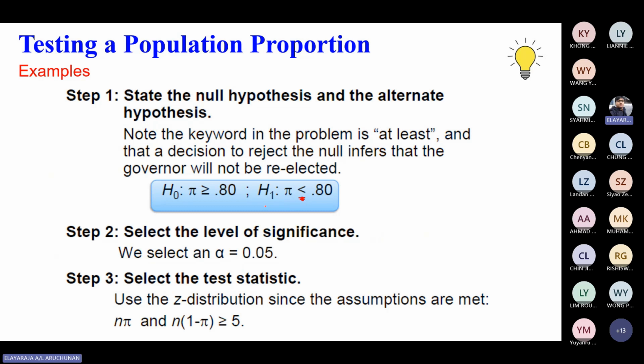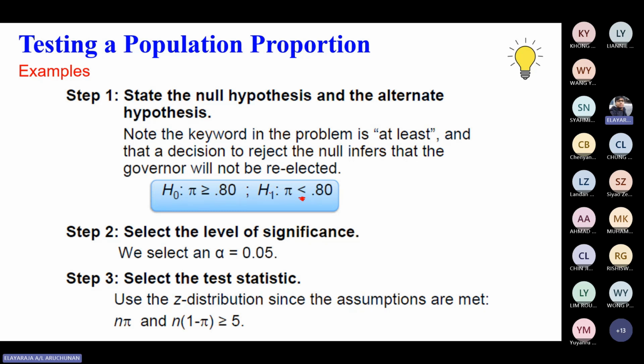The decision to reject the null infers that the governor will not be re-elected. If it is less than 0.8, it is not going to happen.